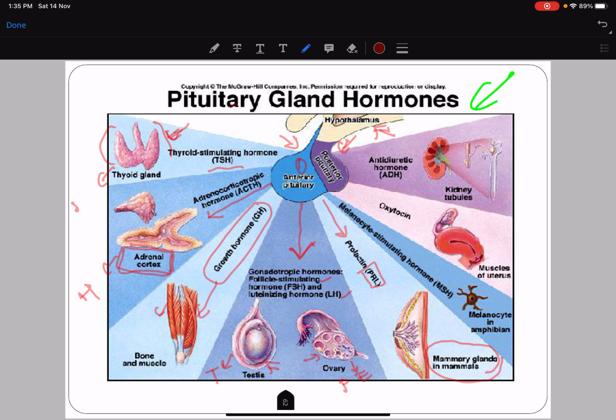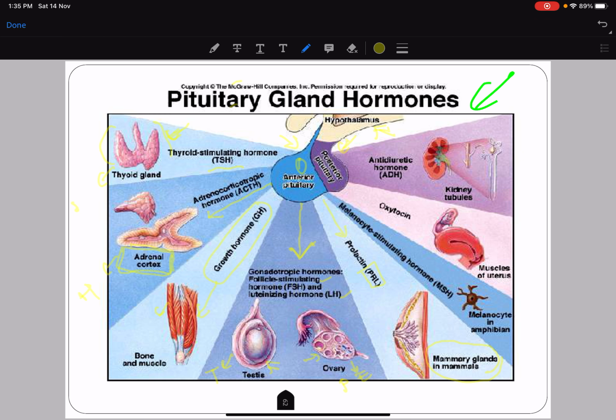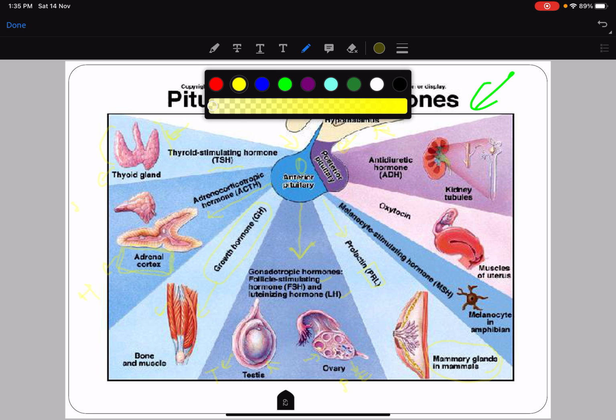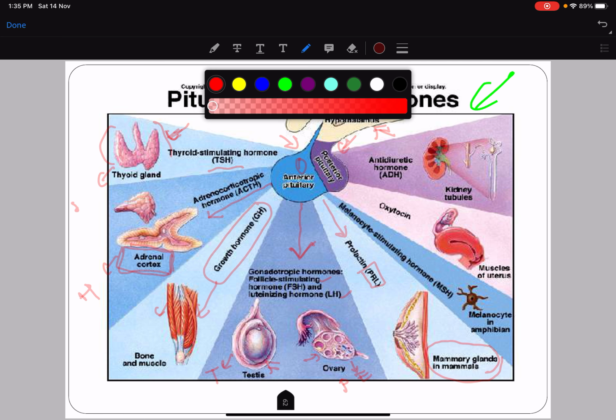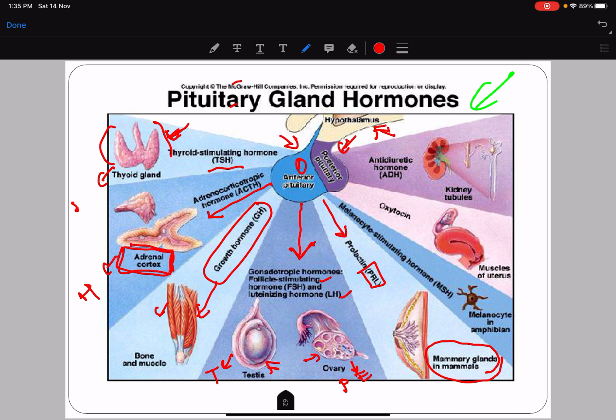The blue color here, all of this is being secreted by the anterior pituitary.